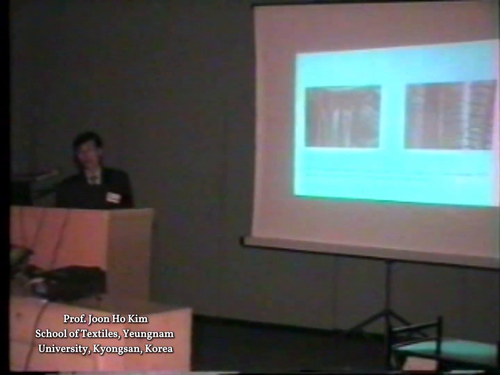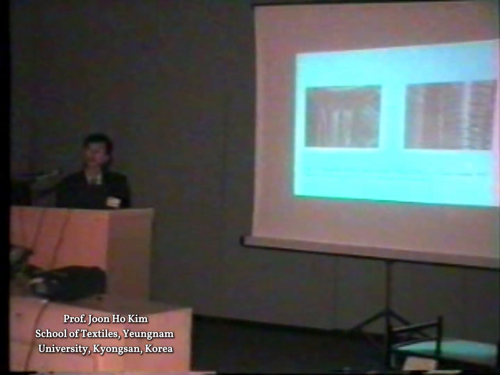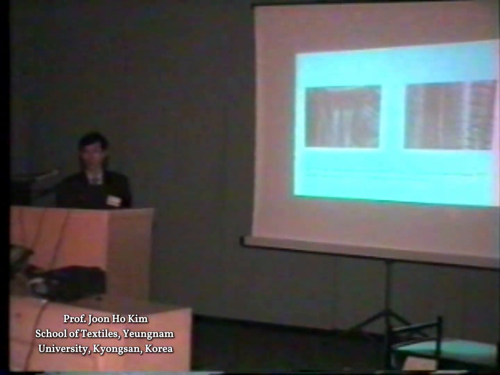This slide shows the scanning electron micrographs of heat-treated PTT fabrics hydrolyzed at 50 degrees in methanolic alkaline solution. We can see in these micrographs a very interesting structure. The surface of hydrolyzed PTT has a regular banded structure like this.